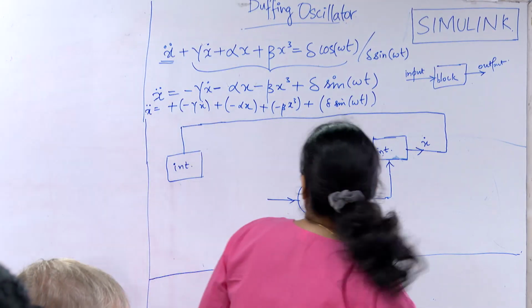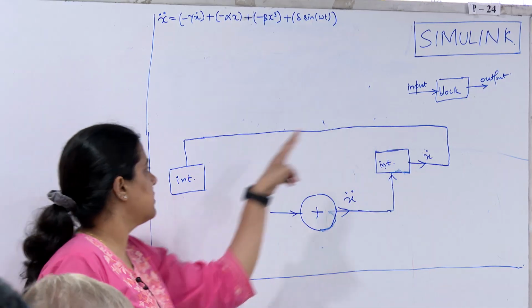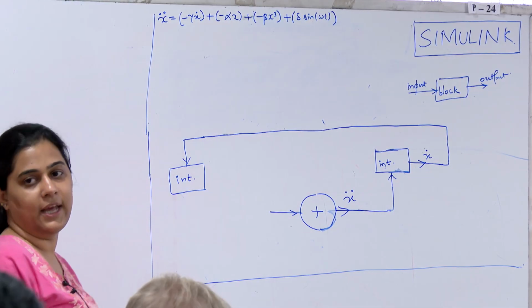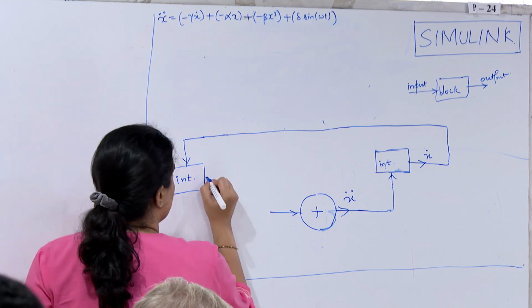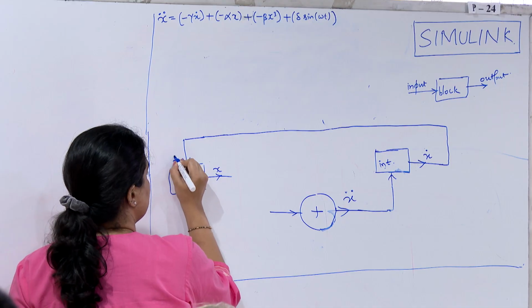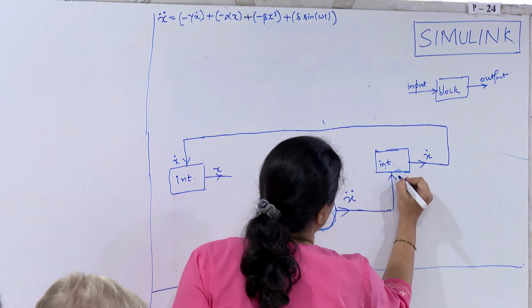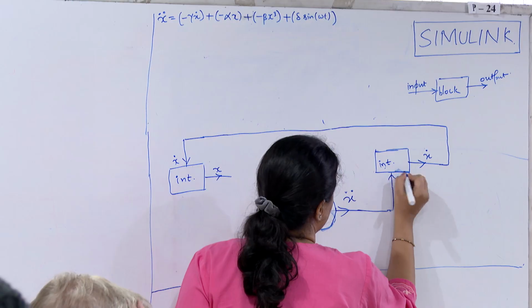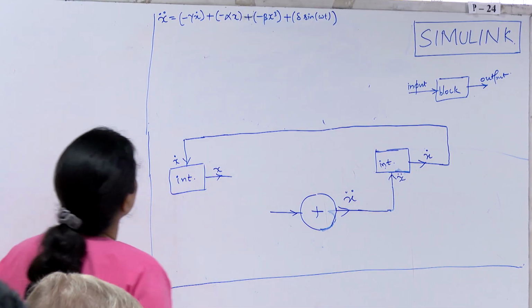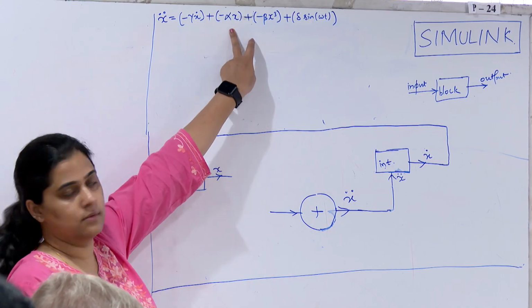This x dot is going inside this block. What will be the output? It will be x, right? I am giving x dot and it's giving me out x. Okay, so now this is also done.